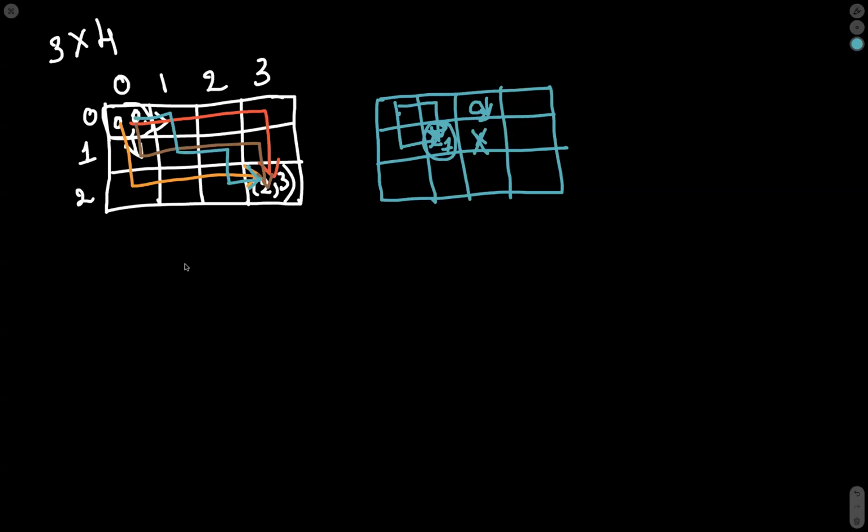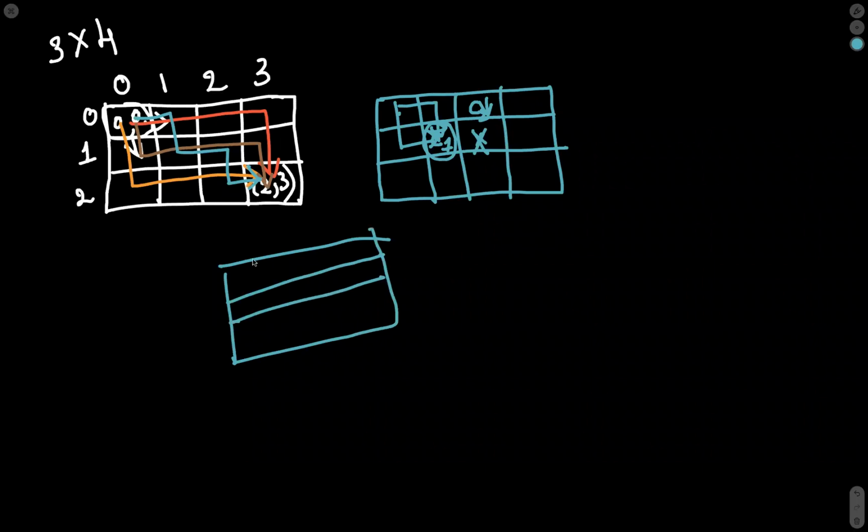So if we take the same thing here, think that my destination, or the final cell, is this one, 0 comma 3.